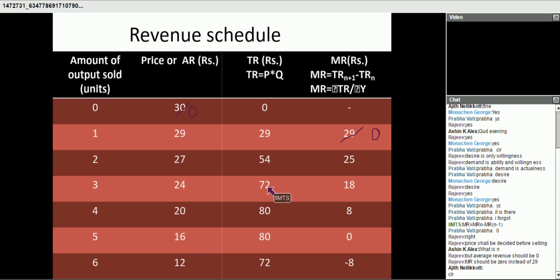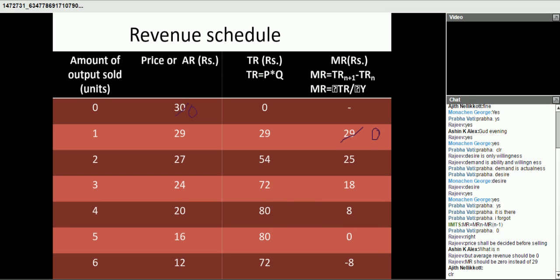So this was the previous price. The total revenue for 3 units was 72, and for 4 units, it became 80. So what is the change to the total? It is 80 minus 72, that is 8.